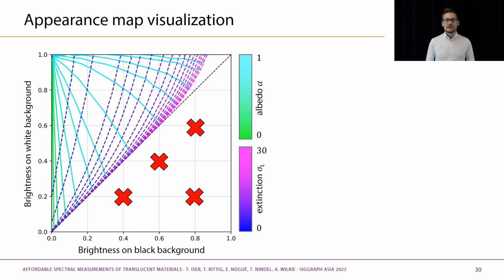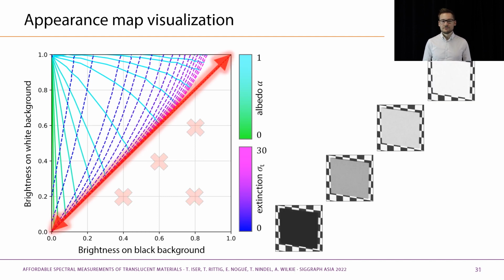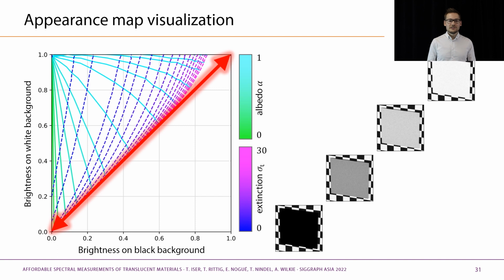For starters, notice how nothing appears in the bottom right triangle, because such appearance cannot be achieved with any common material. So how about the diagonal? All materials along the diagonal are perfectly opaque as their extinction coefficient approaches infinity.